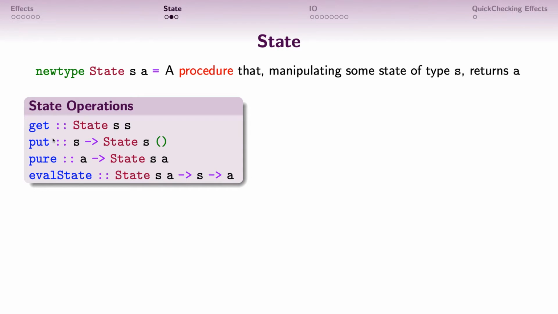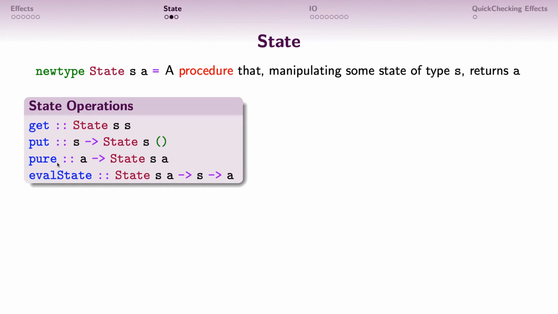And then put takes in a new state and then updates the state that's currently being manipulated to be equal to this value that we just put in. So get takes a state out and puts a new state in. And it returns unit because when you put a new state in, you're updating the state. You don't return anything when you do that.